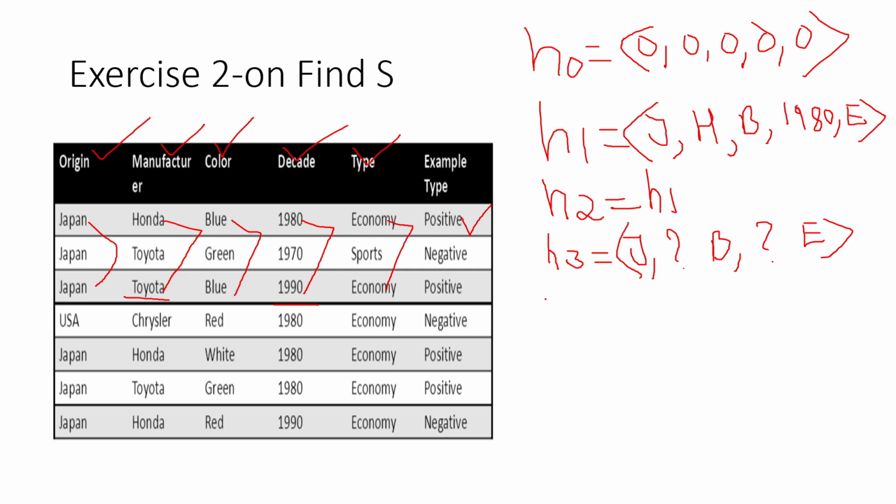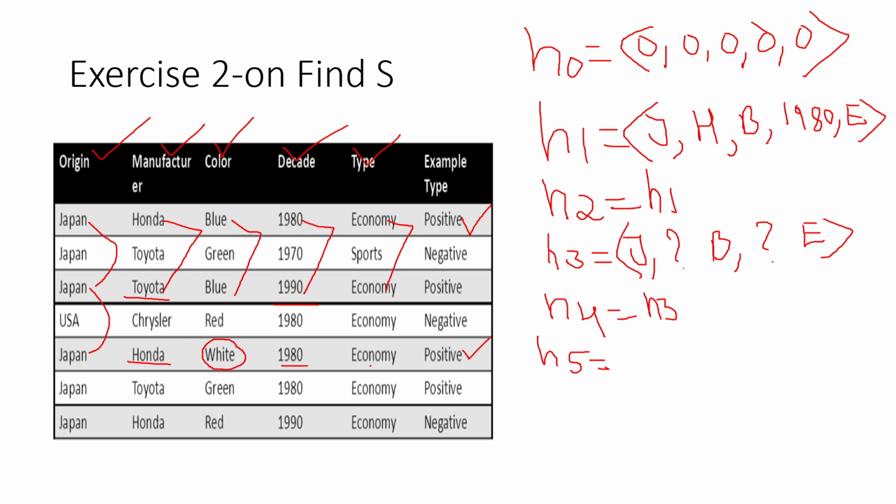The fourth example is negative. So H4 equal to H3. The fifth example is positive. The H5 hypothesis is to be modified if there is a change. Again, Japan is same. This you have to ignore. Blue is changed to white. This you have to replace by question mark.